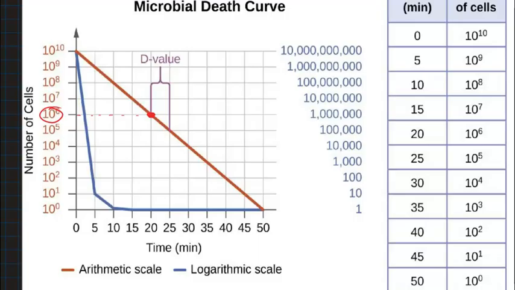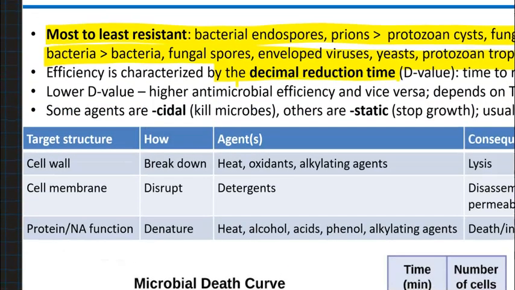Yeah? And then this point corresponds to 100,000 bacterial cells, which is 10 times less. And how much time did it take to reduce the population from 1 million to 100,000? It took us 5 minutes. So for that particular microorganism, whatever it is, that particular method, the decimal reduction time is 5 minutes.